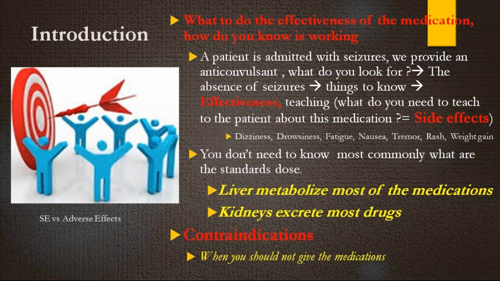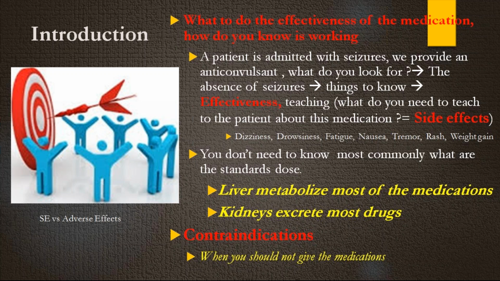Okay, so let's continue. Another thing that you must know is the concept of first pass effect. What is the first pass effect? It is any medication that is in contact with the gastric acid, for example.